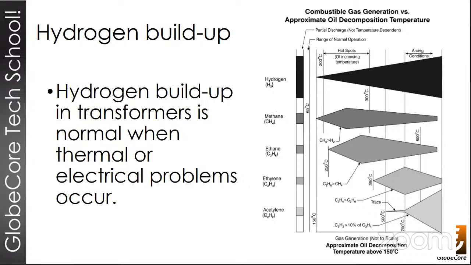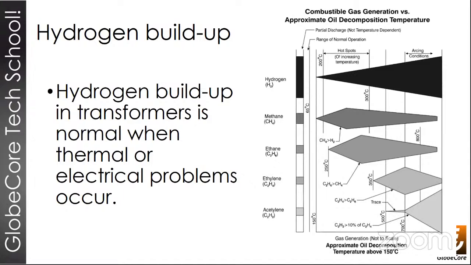In terms of hydrogen, the production and buildup of hydrogen in transformers is normal, or usual, with any thermal or electrical problems in the transformer. We can pretty much guarantee that hydrogen will be the only gas that will be generated for all of the faults that occur in the transformer.